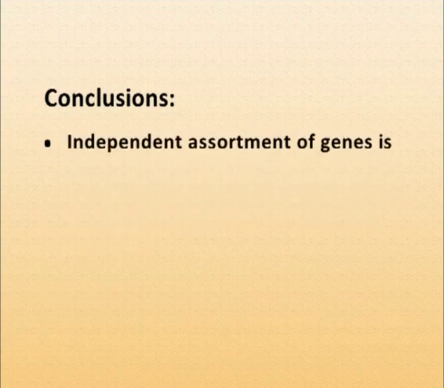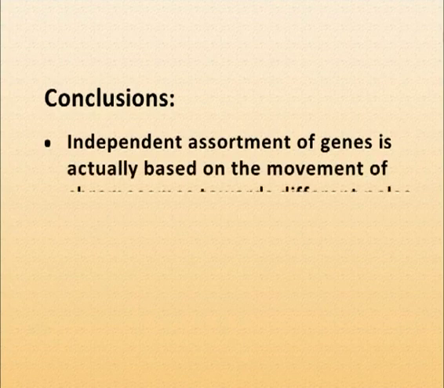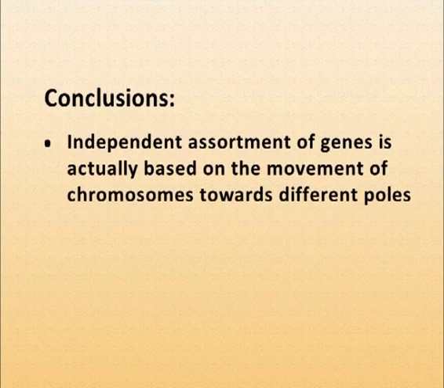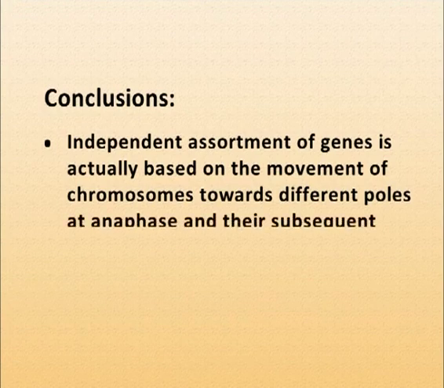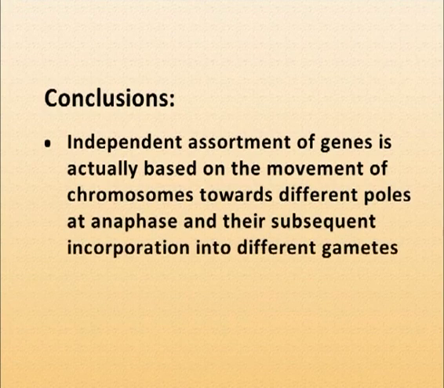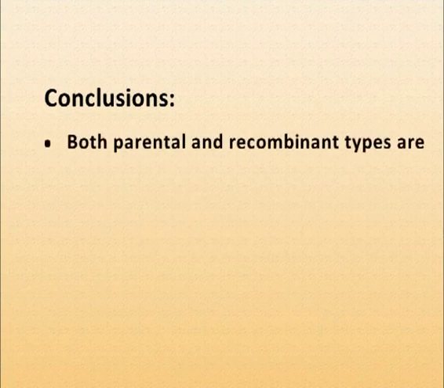Independent assortment of genes is actually based on the movement of chromosomes towards different poles at anaphase and their subsequent incorporation into different gametes. Both parental and recombinant types are produced in the progeny.